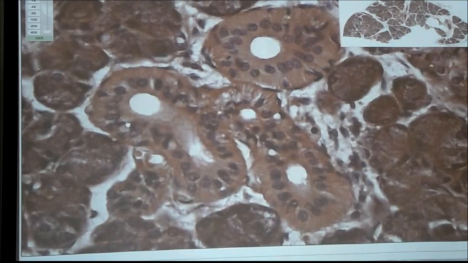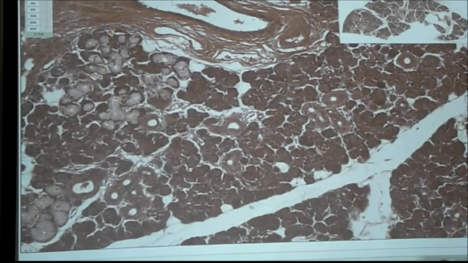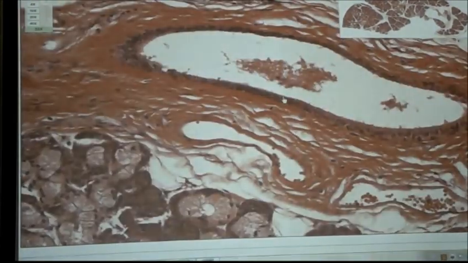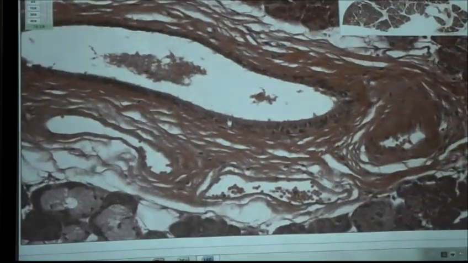So once more, we found mucinous, we found serous, we found the ducts, the intercalated and then striated ducts, and the other thing to look for is this beautiful structure, which I would say is an interlobular duct.